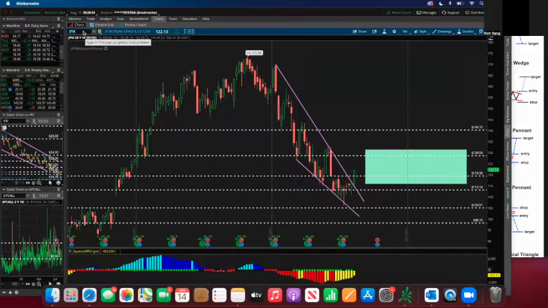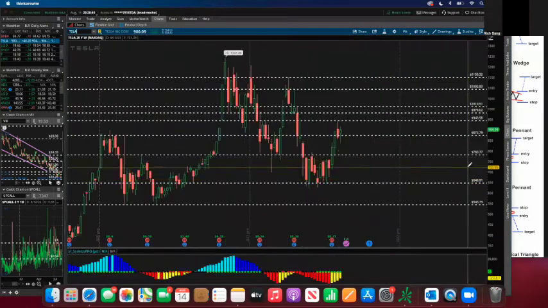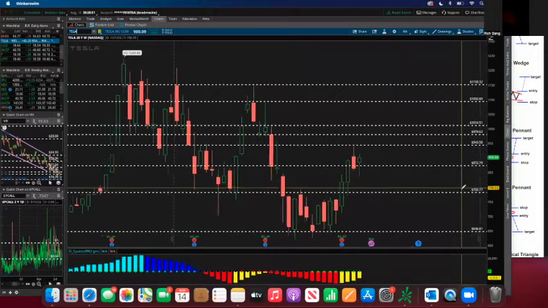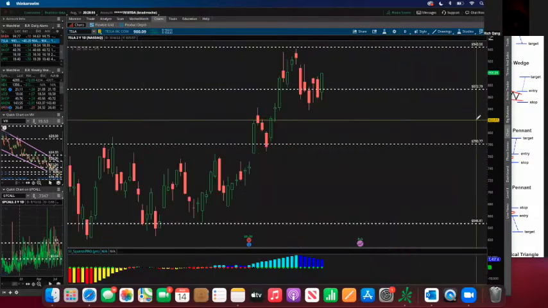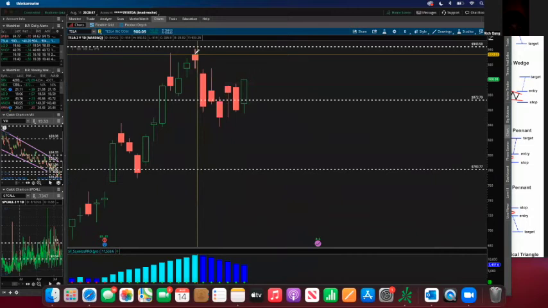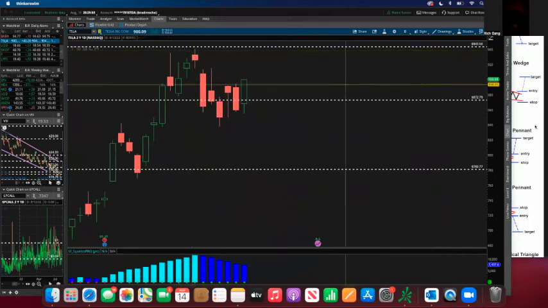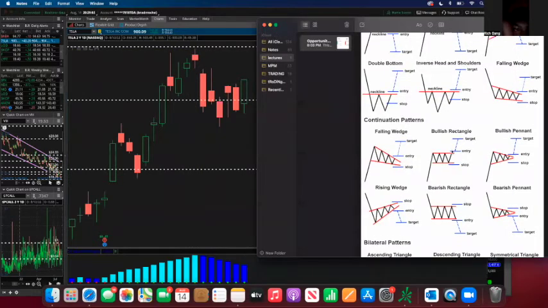Okay, so bull flag. An example I like to show is Tesla. I saw you were asking about Tesla. This was on the daily chart. Tesla has a bull flag. It's not always going to look as perfect as these, but you're looking for the same concept.